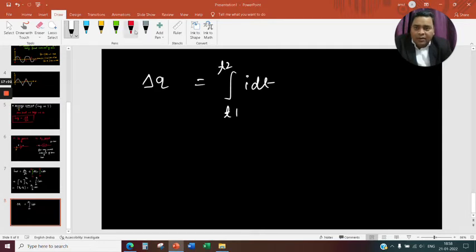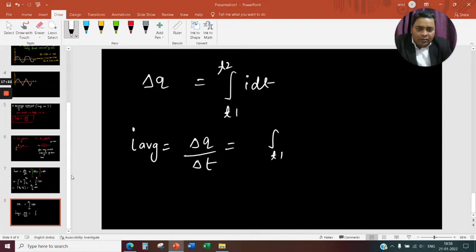Now come to the equation number one that we have written on the previous slide, that I average is equal to delta q by delta t here. Now see, in place of delta q, can we put this value, integration of t1 to t2 I dt, and in place of delta t, can we write t2 minus t1?